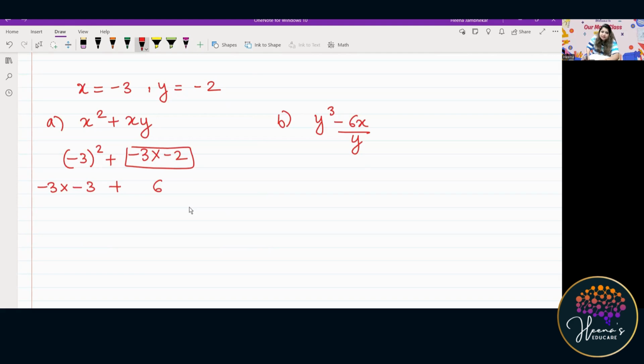And minus into minus gives you a positive number, right? A plus sign. Now again, 3 into 3 gives you a 9. And minus into minus gives you positive. So you have positive 9, consecutive sign plus and plus, that gives you a plus 6, and 9 plus 6 gives you 15. So your final answer is 15.